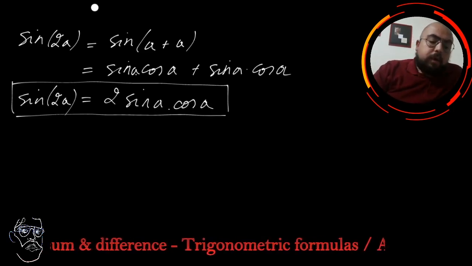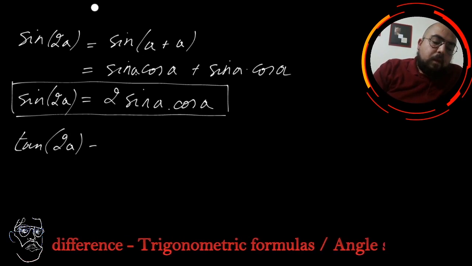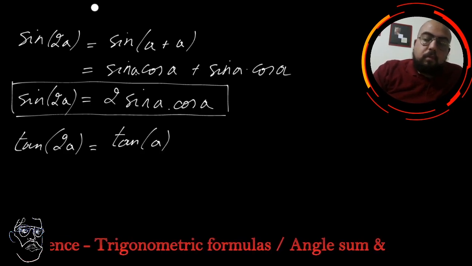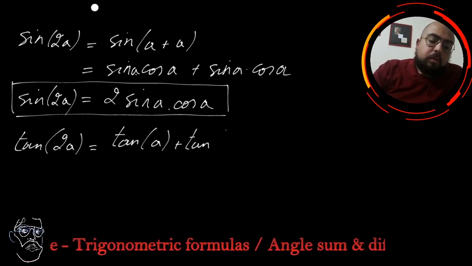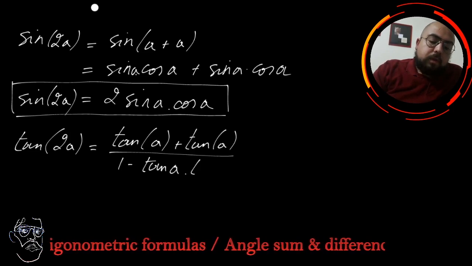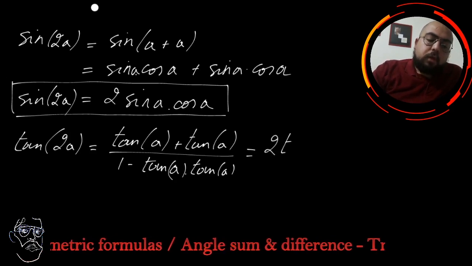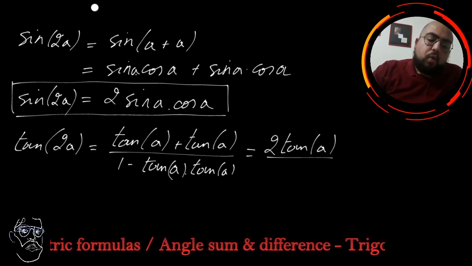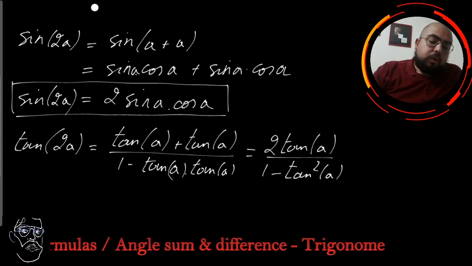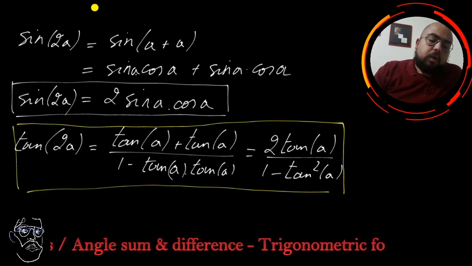Alright, what about tangent? In case you are also interested in calculating tangent of 2A, you simply have to say it's tangent of A plus tangent A over 1 minus tangent A times tangent A. So your final answer will be 2 tangent A over 1 minus tangent squared A. So you can also use this second formula with tangent 2A.